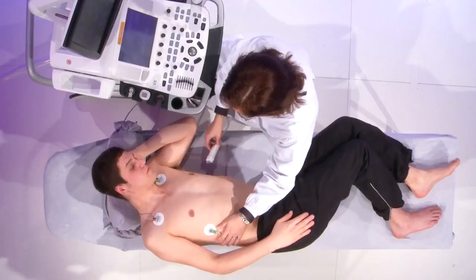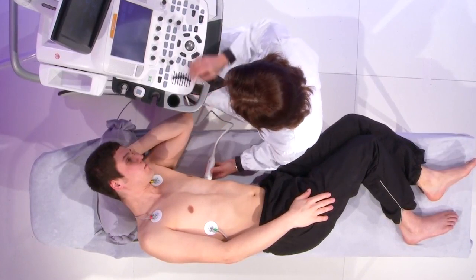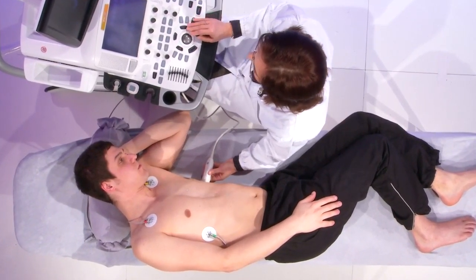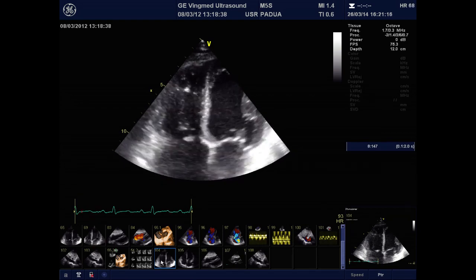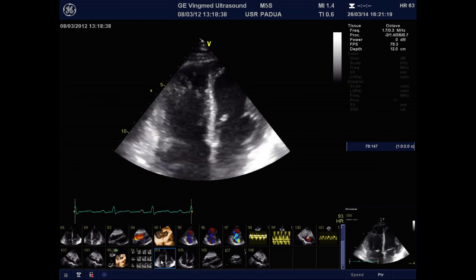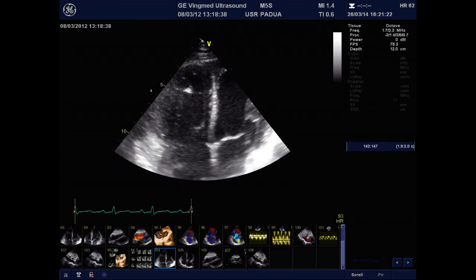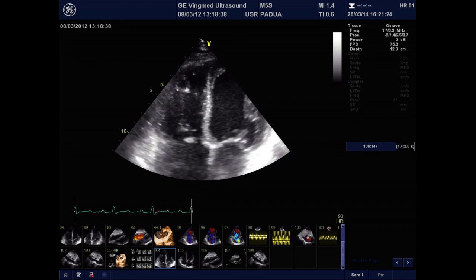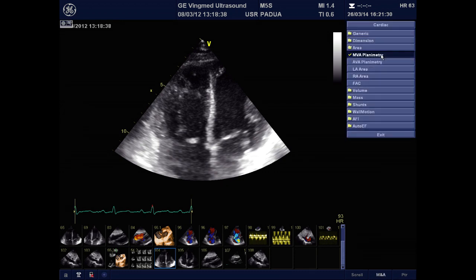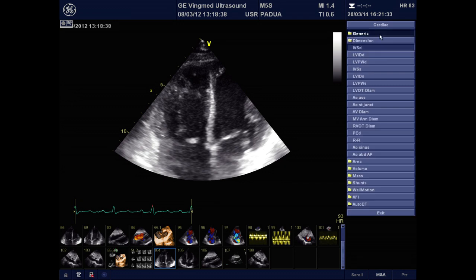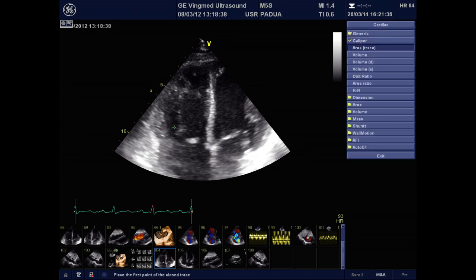So from a 4-chamber view, you need to obtain a focused view of the right ventricle and to optimize the image quality in order to have a better delineation of the endocardium. Then you will need to stop the image in diastole, and then with the measure you can select the areas, and you can measure the area in end diastole and then in end systole, and accordingly you will be able to compute the fractional area change.